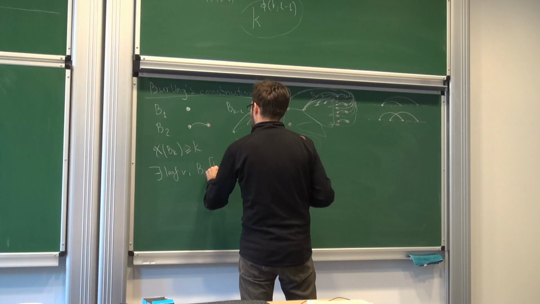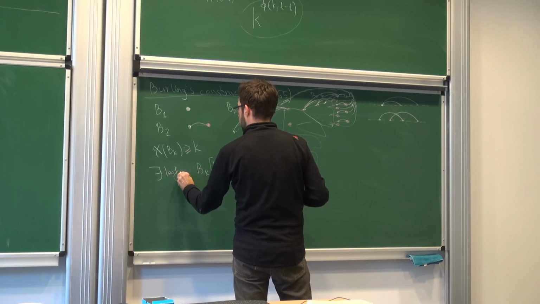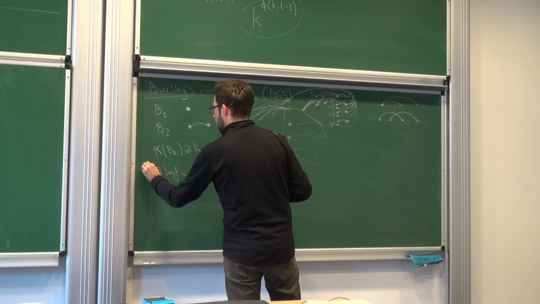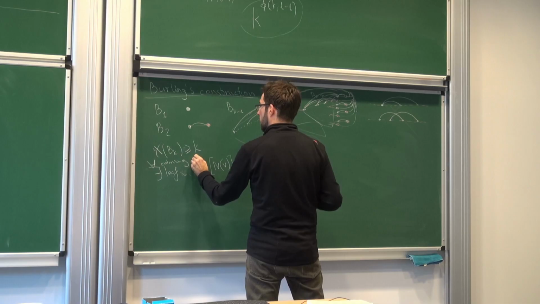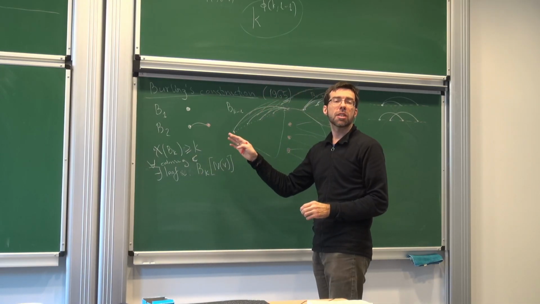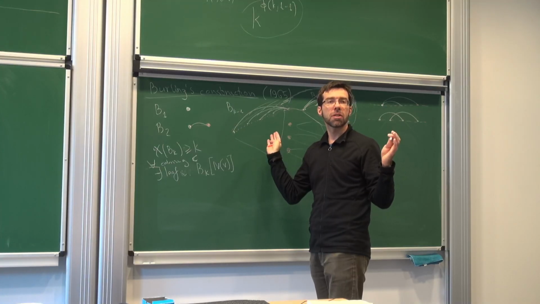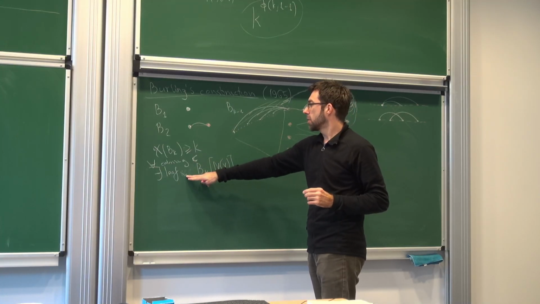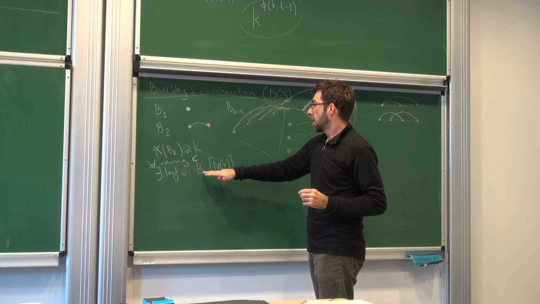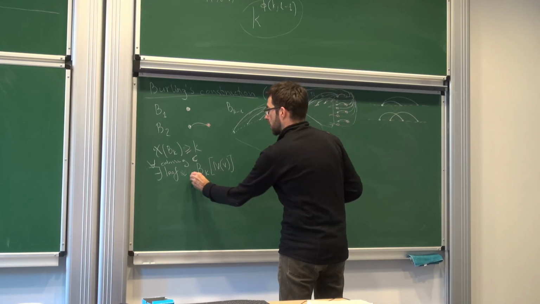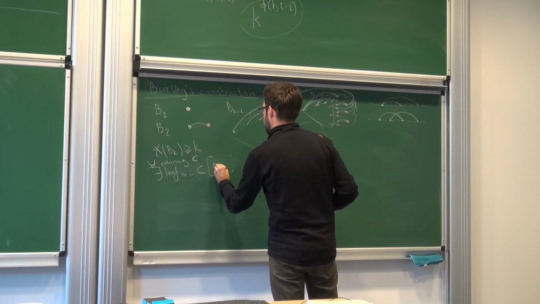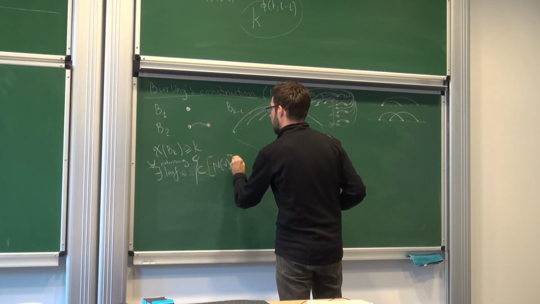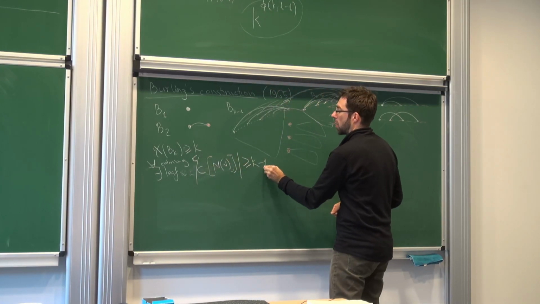For every proper coloring C, not necessarily a k coloring, just a proper coloring with any possible number of colors, there is a leaf v such that the image of the coloring of the neighborhood of v has a size at least k minus 1.